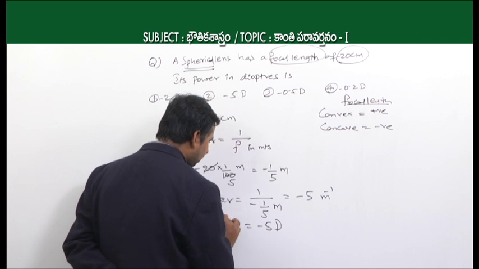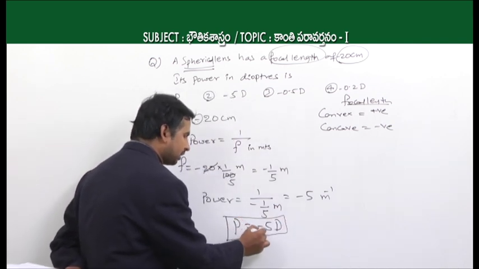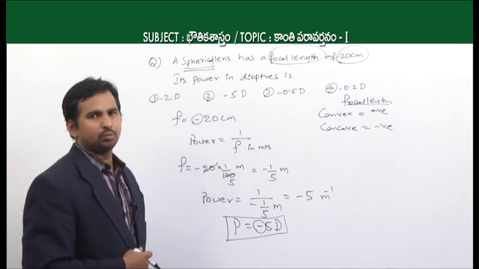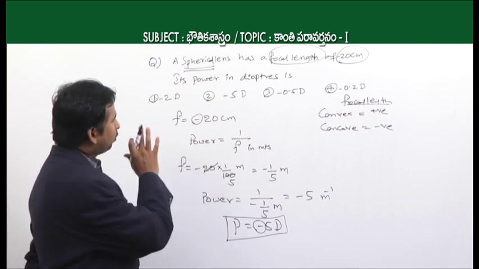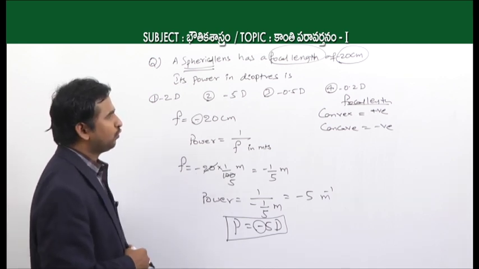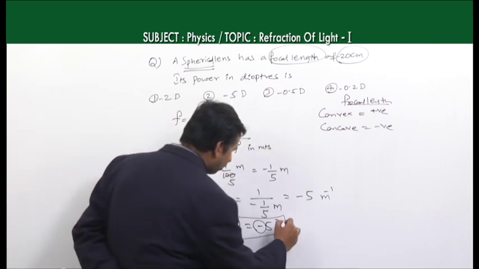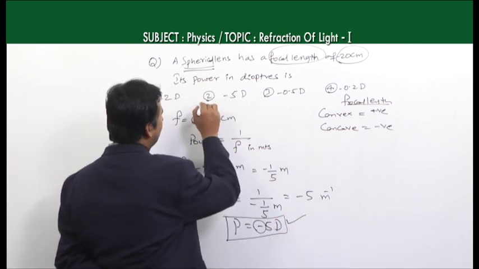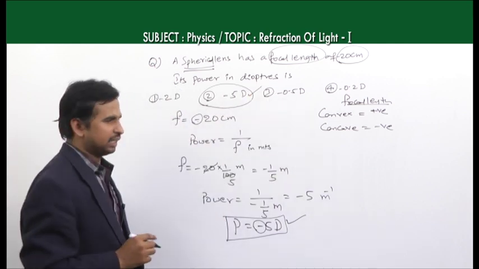So finally we got the power of the given concave lens, with the minus due to the sign convention for concave lenses. So this concave lens having a focal length of 20 centimeters has a power equal to minus 5D. Of the given options, minus 5D is the second one.